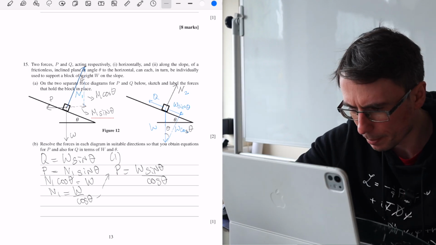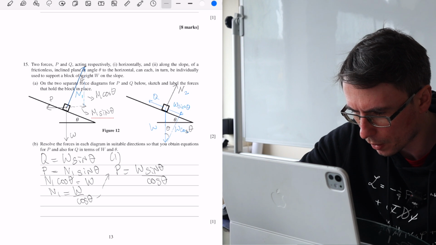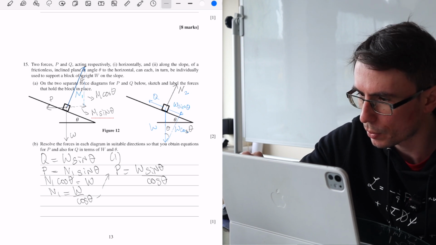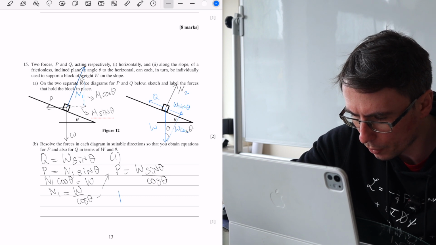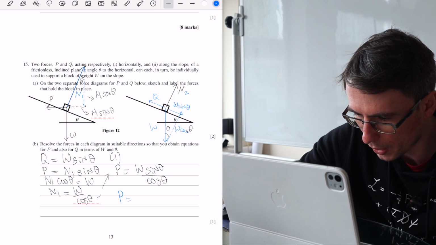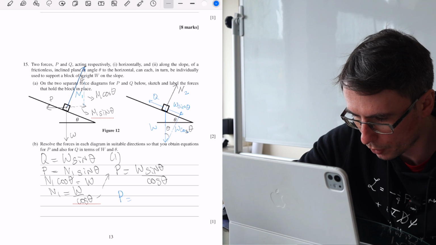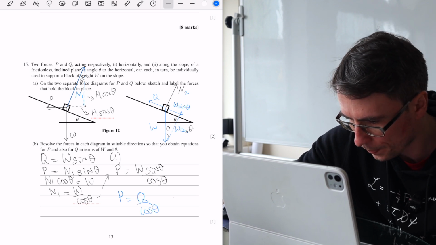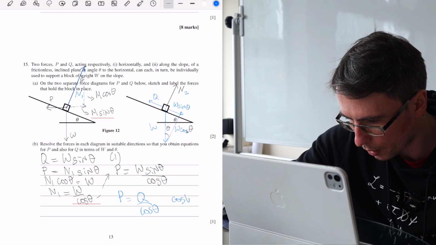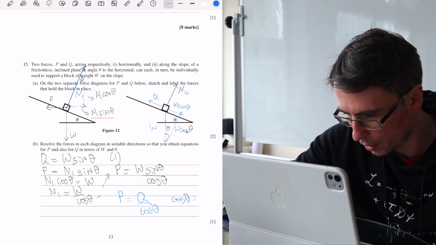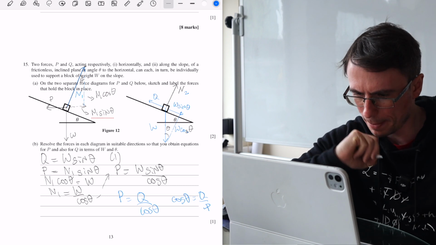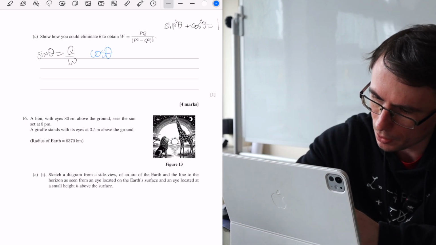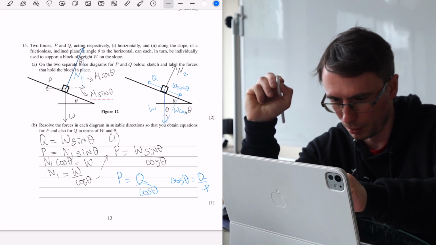Well, if we look back over here, you are going to spot that W sine theta is equal to Q. So we can also directly write that P is equal to Q over cos theta, and this would mean that cos theta is going to be Q over P. Okay, so we can just say that cos theta is Q over P.